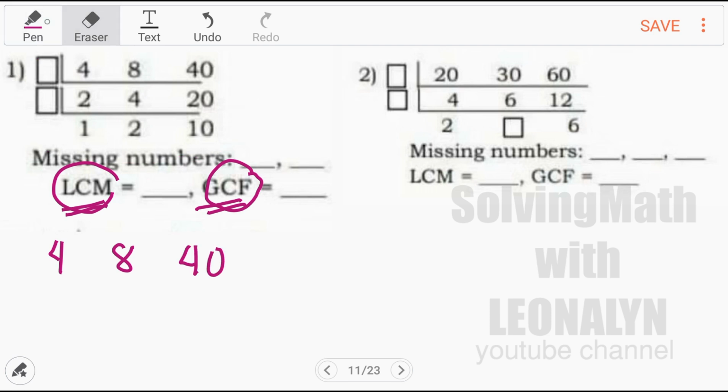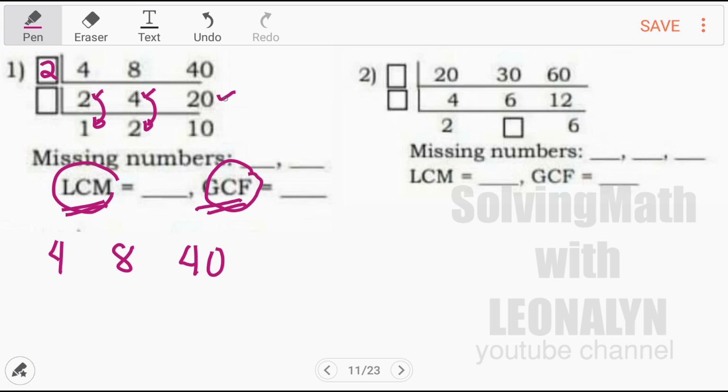So ito yung solution. Now, paano naging 2, paano naging 4, at paano naging 20? Nag-divide tayo ng 2. So, 4 divided by 2, and that is 2. 8 divided by 2, and this is 4. 40 divided by 2, and this is 20. Next, paano naging 1?